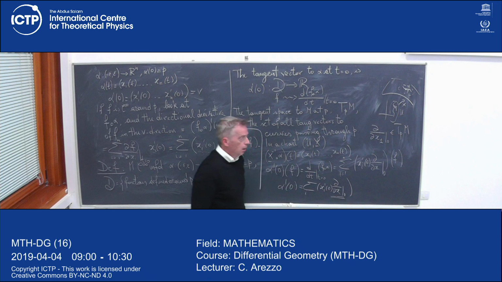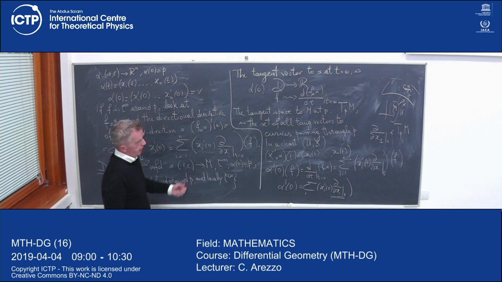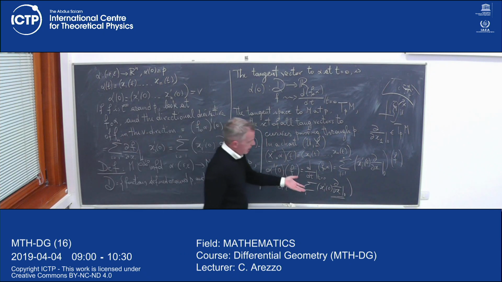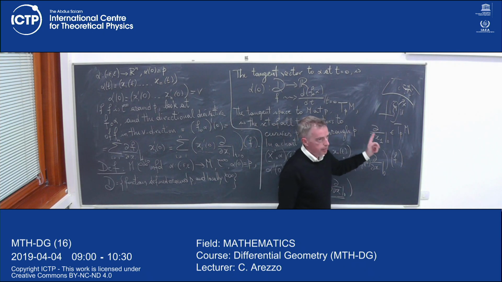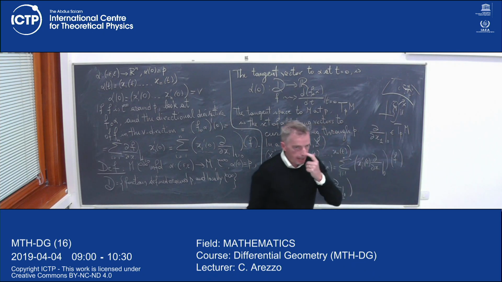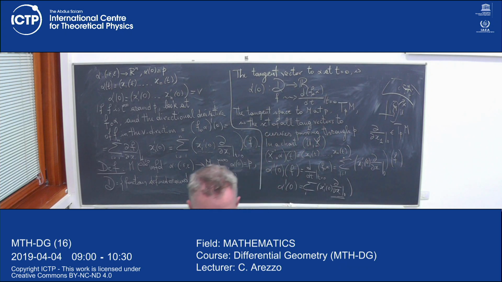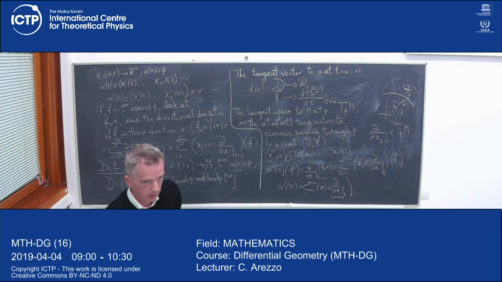So the choice of a chart gives me automatically n tangent vectors, which are d/dx1 up to d/dxn, the partial derivatives in the coordinate directions.